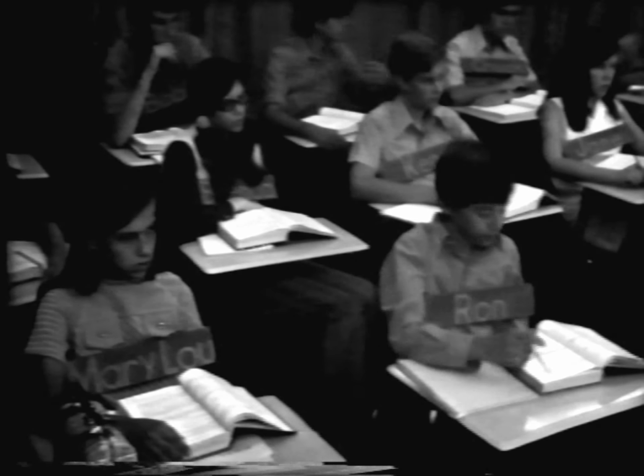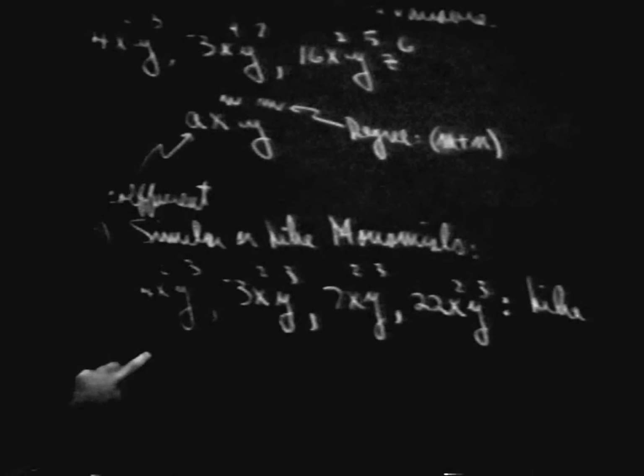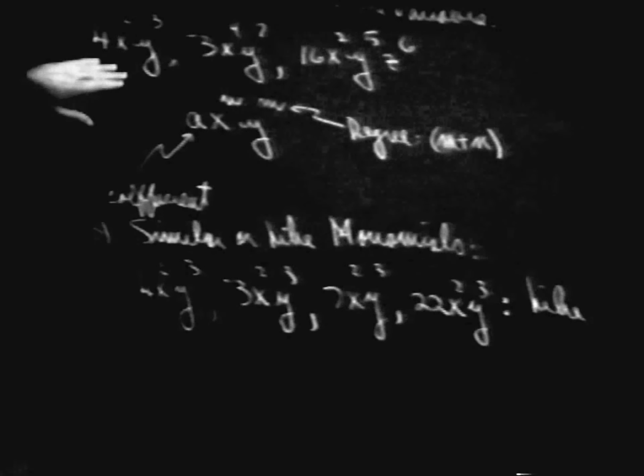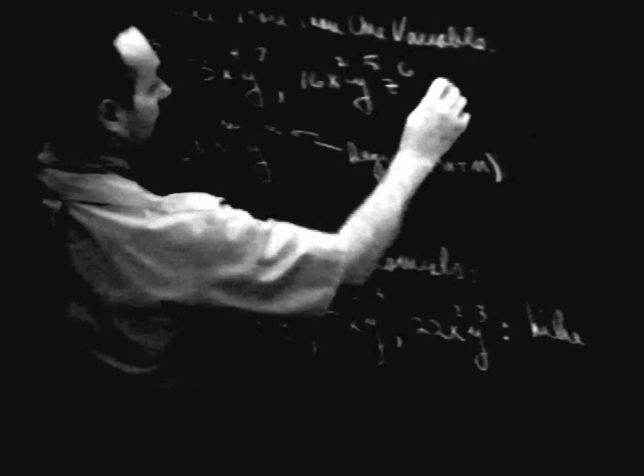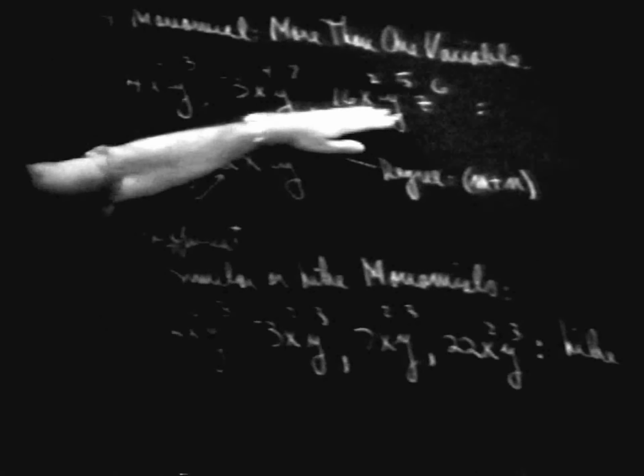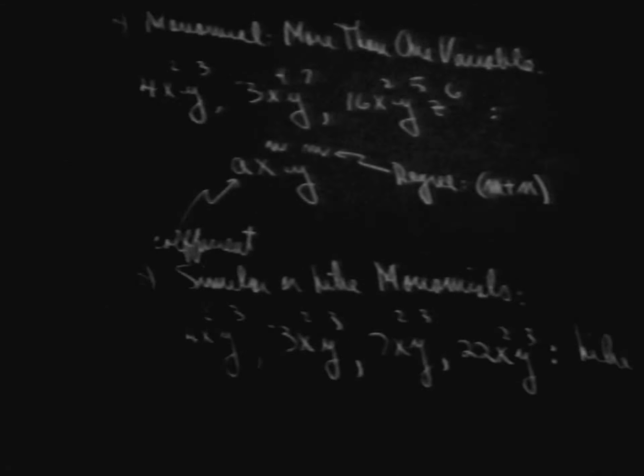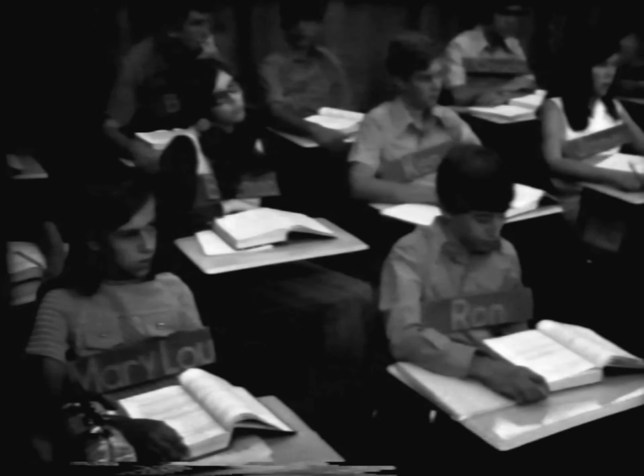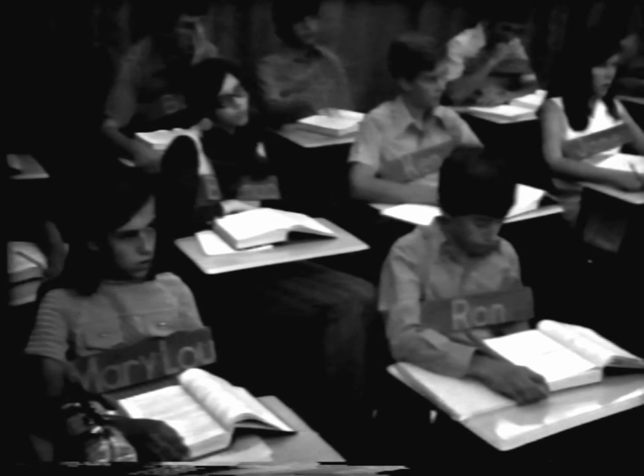That they are like, all right? Like. And as a matter of fact, let's just put down an example. Well, here's an example up here in which if we had to give these a name, these would be called what, Brenda? Unlike. Unlike monomials. Is that right? Unlike monomials.